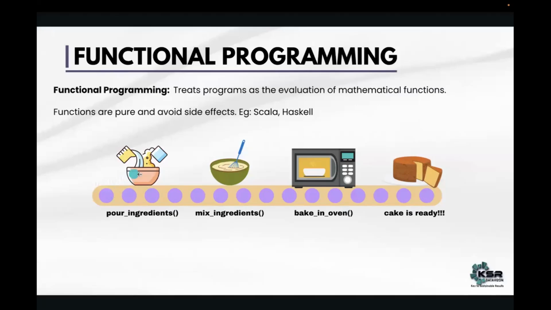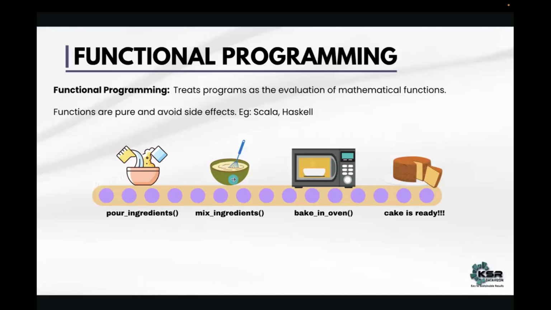Automatically, that bowl will come here, and ingredients will be poured using a machine. You're just telling that machine to bake a cake. You are not doing anything. The roller will bring the bowl, and some machine will pour all the ingredients. It might be flour, it might be water, whatever it is. And then it will move to the next stage.